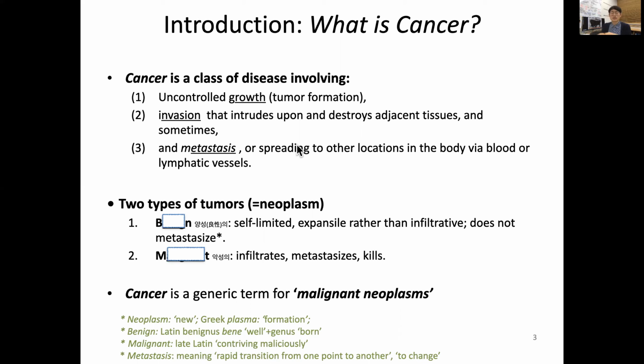When cells grow uncontrollably and form a tumor, we call that a neoplasm. There are two types. The first is the less dangerous one, called a benign tumor. The characteristic of a benign tumor is that its growth is self-limited.